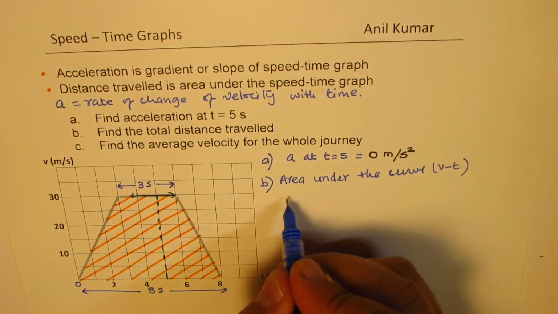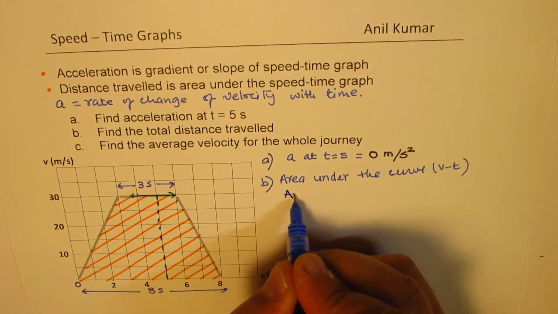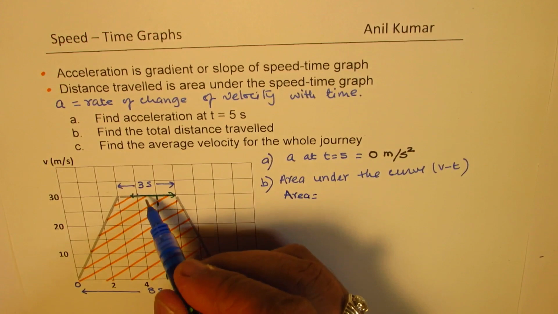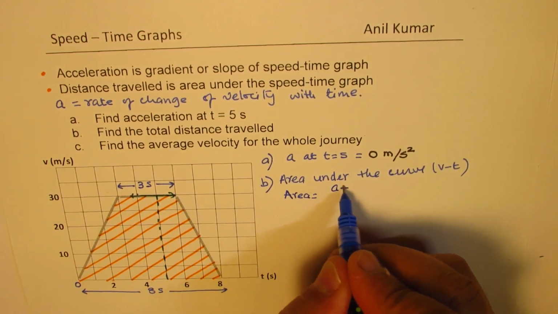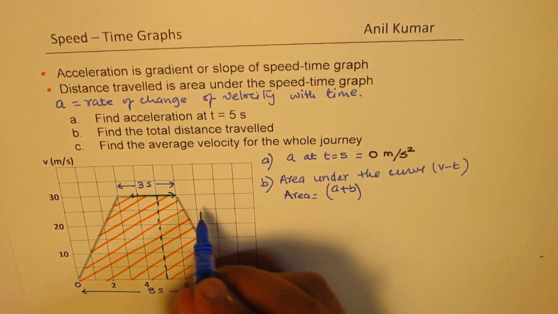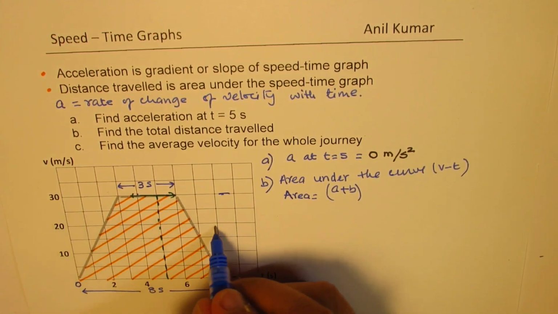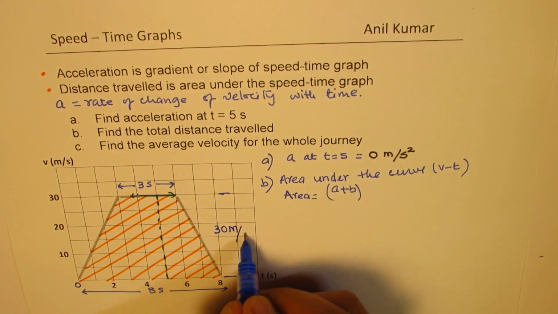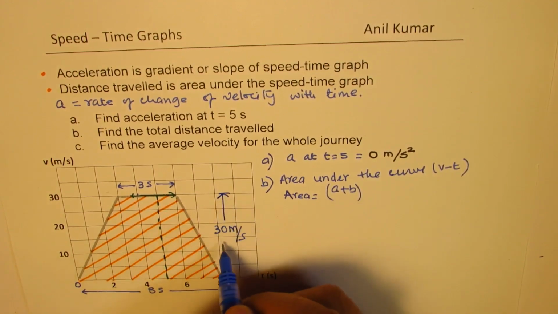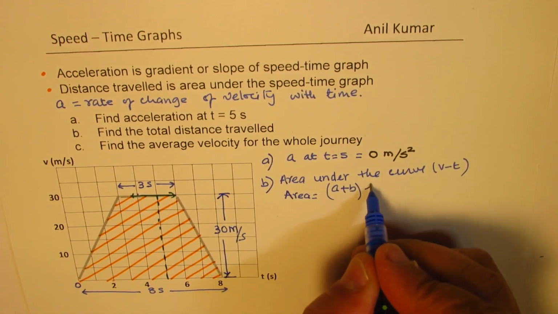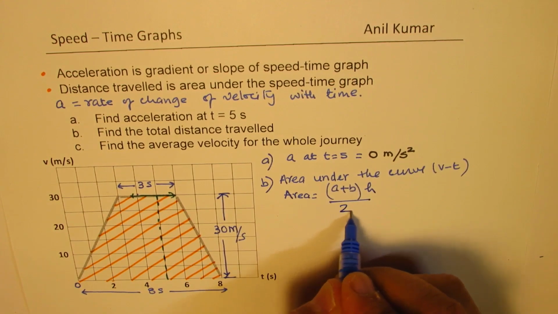So the formula for the area under this curve is the sum of these 2 sides, normally we write a plus b, times the height, right? So this height is 30 meters per second, right? Times the height over 2, correct?